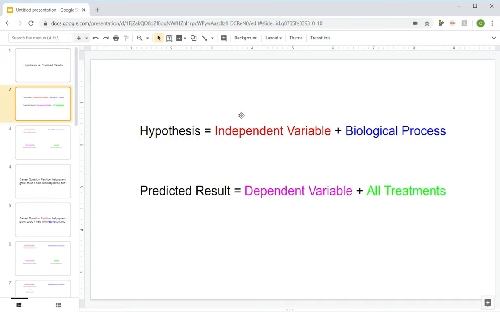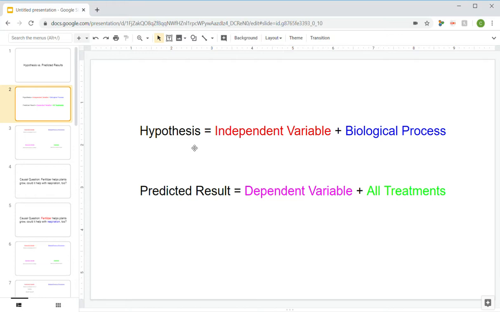I even color coded the different little parts during this whole presentation to help you see how each of these parts is used. So the hypothesis, like Nick says, you should have rationale and then tell us an effect, like what's going to happen. You should have your independent variable, and it should be tied to your biological process.